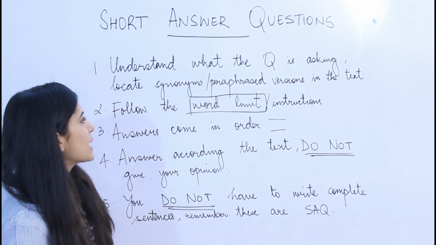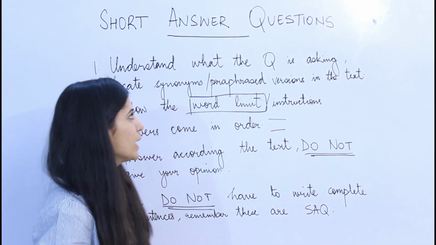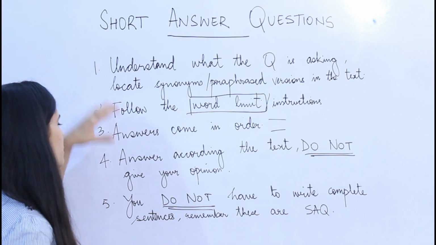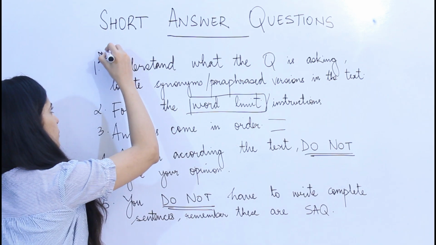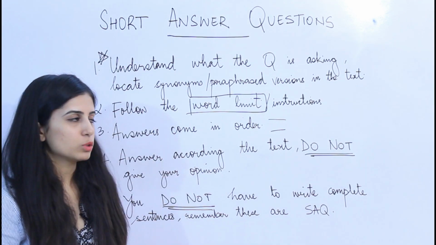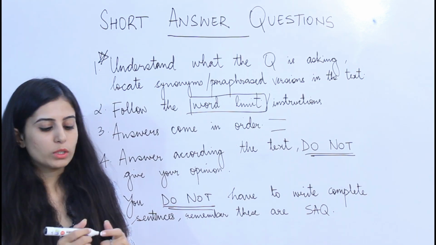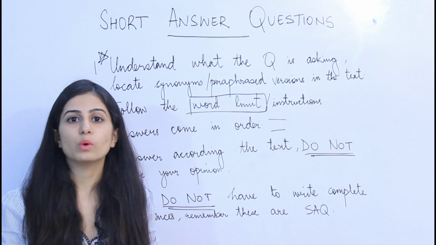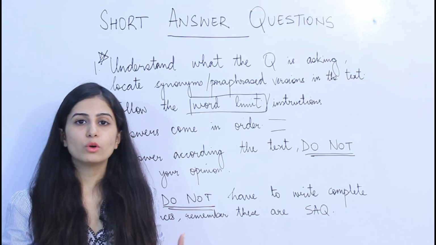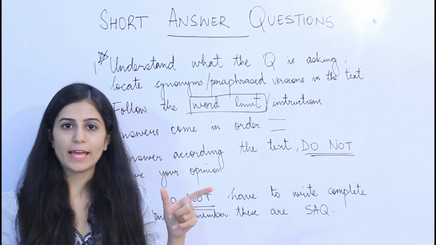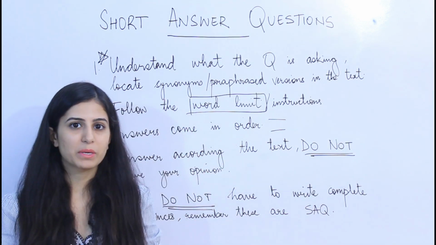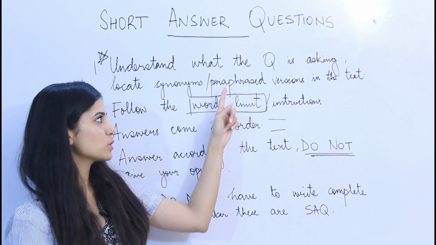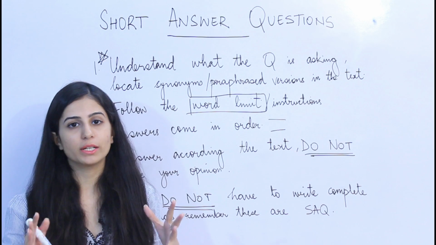I'll summarize it once again quickly. This one remains the same for all the questions. Please remember this one. You have to understand what the question is asking you to do, what the question wants out of you, underline the keywords and look for those keywords in the text, but not exactly the same keywords. You have to look for their synonyms or their paraphrased versions in your text.